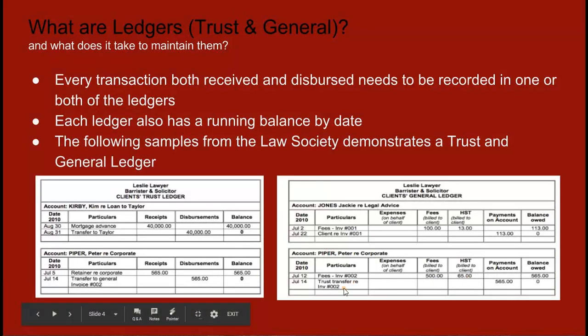And then that money, after it was invoiced, was moved from your trust into your general for $565. So the date remains the same, so there are some commonalities. The particulars obviously would change, but you still need to document it. If there were any expenses on behalf of the client, then that's documented as well, but in this case there were fees and then there was HST.